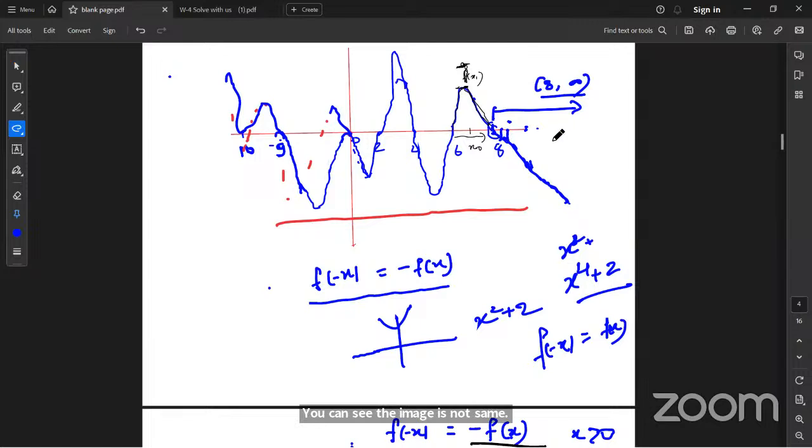Suppose your point is here and another point is here, just see the image. Both images are the same or different? Different, sir. Both are different, so it is one-to-one, right? Understood?